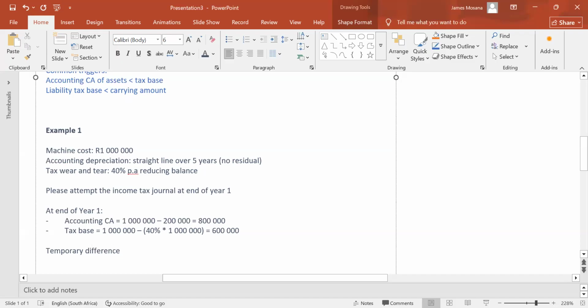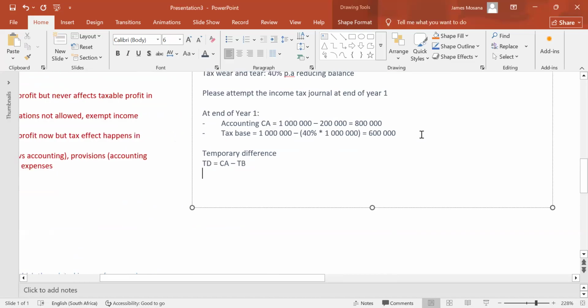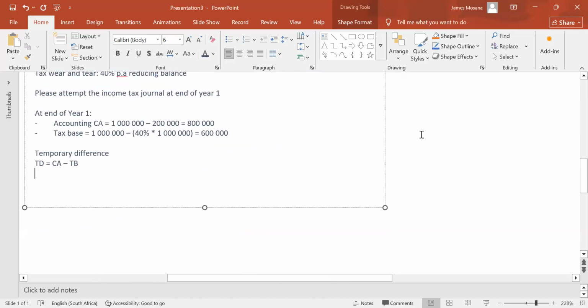Remember, to get your temporary difference, you take your carrying amount less the tax base. So basically, we take 800,000 less 600,000, giving us 200,000.